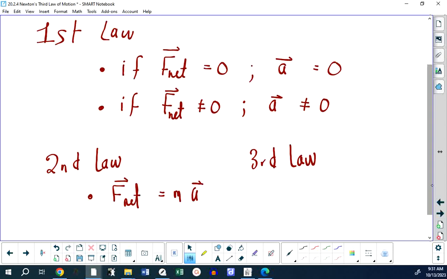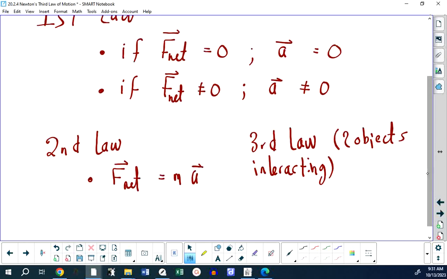So the pen doesn't just accelerate on its own, it accelerates because it's making contact with some other object. Those two objects are working together against each other. So this is about two objects interacting. Whereas the first and second laws are about a single object kind of just looked at in isolation, even though there always was a bat acting on the ball, we just didn't talk about it.